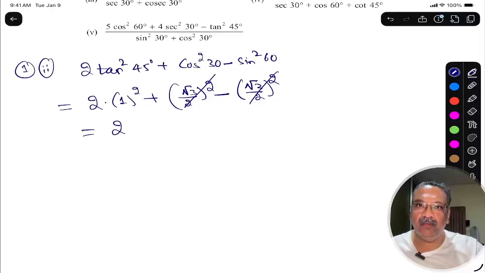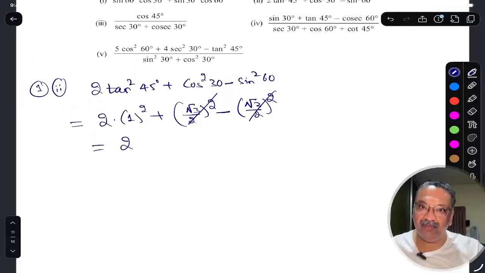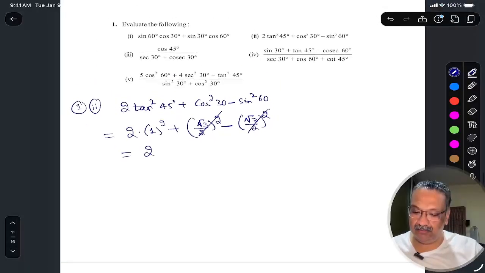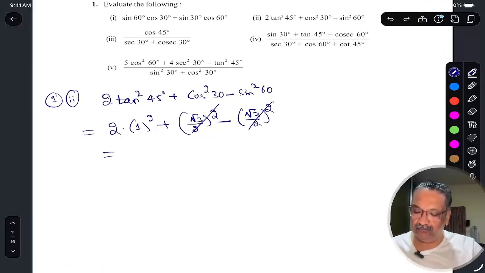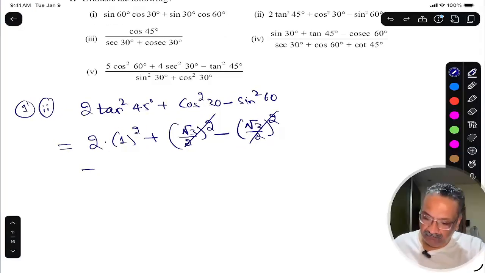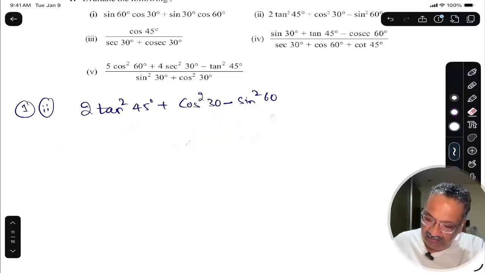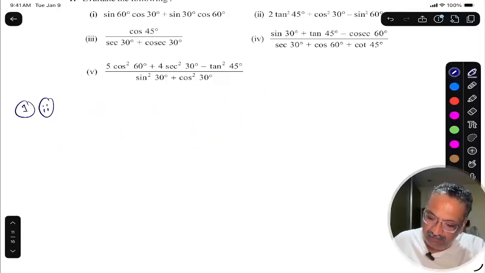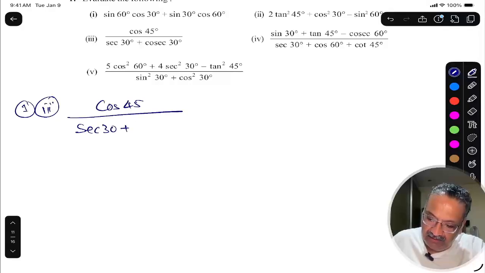Let's come to the third part. It is asking cos of 45 divided by secant 30 plus cosecant 30.